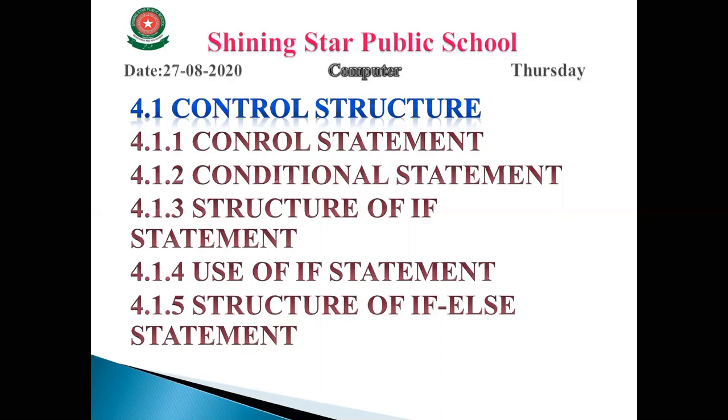Okay, simple. The relational operators which we use for equal to and not equal to, simple. And logical operators are used for combining two expressions and checking the conditions. Okay, so these are chapter number 1, 2 and 3.